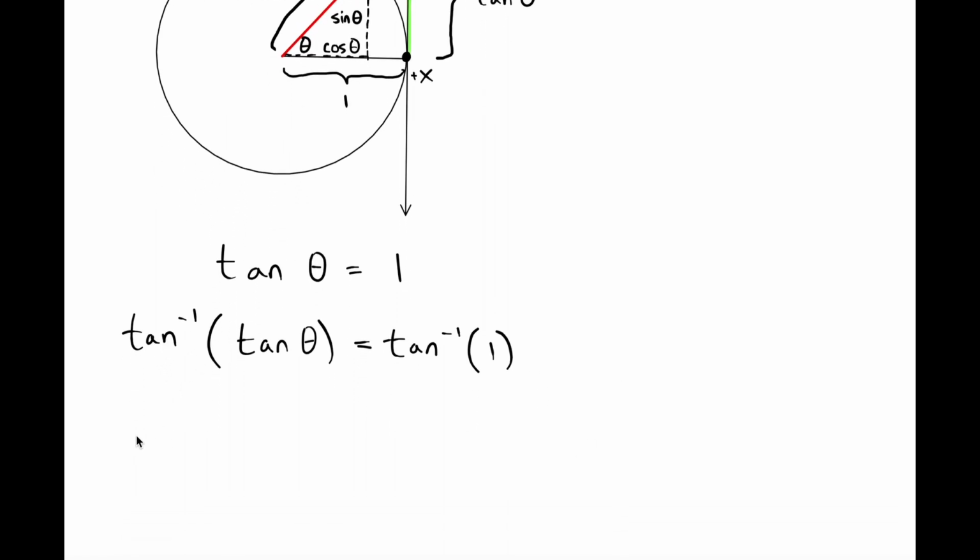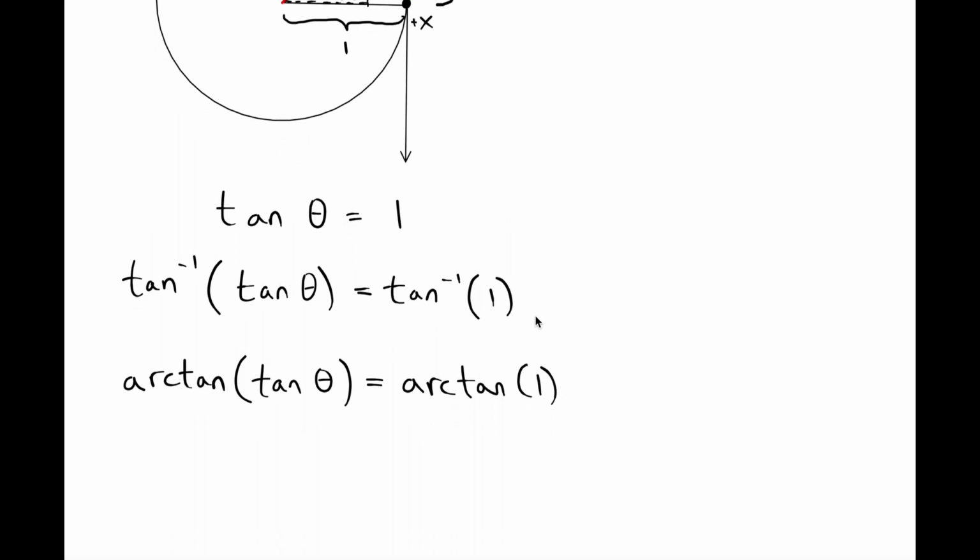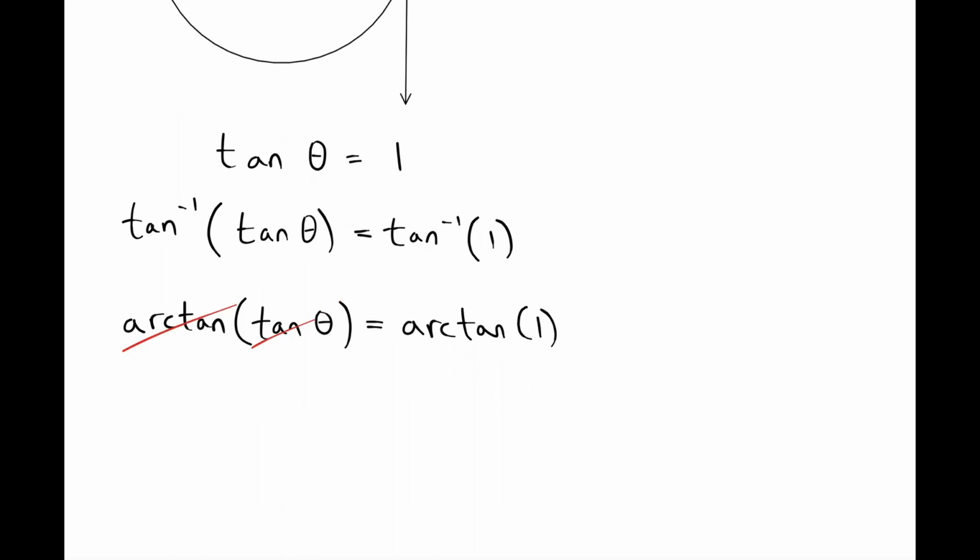Now tan inverse is also written as arctan. The -1 there doesn't mean to raise it to a -1 power. It's just a notation for inverse trig functions. So these are actually just two ways of writing the same thing. Arctan and tan will cancel, so we'll get just theta equals arctan of 1.